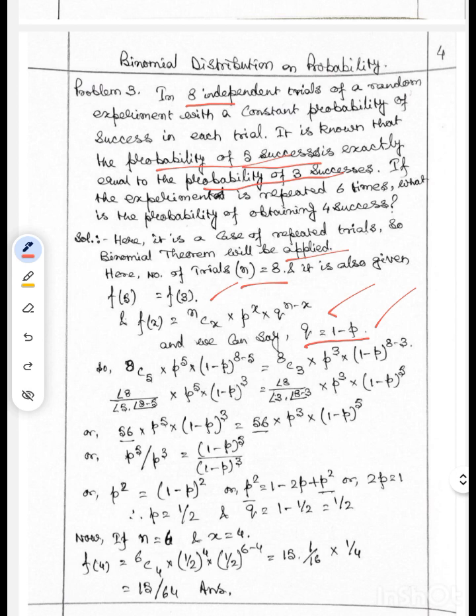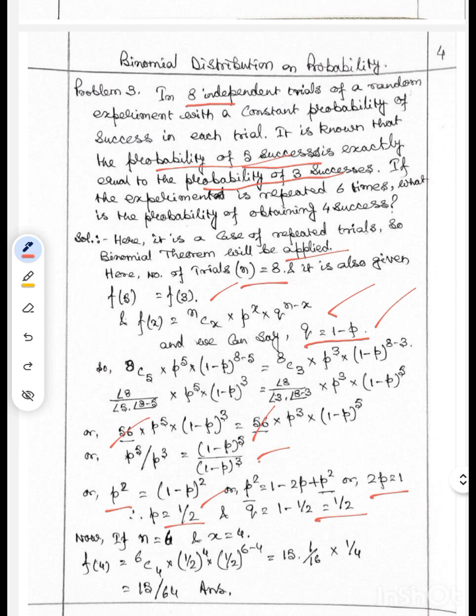Therefore p to the power 5 into (1 minus p) cube equals p cube into (1 minus p) to the power 5. Now this 56 and this 56 cancel. Now p to the power 5 and p cube cancel, it comes to p square, and (1 minus p) to the power 5 by (1 minus p) cube equals (1 minus p) square. Therefore p square equals 1 minus 2p plus p square, therefore 2p equals 1, and therefore p equals half, and q is also half.